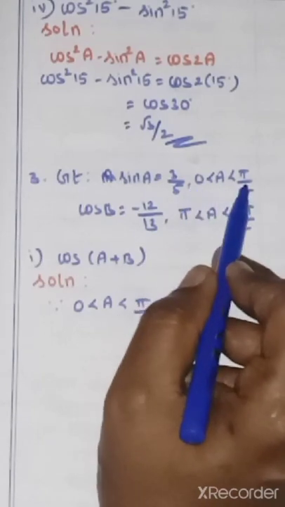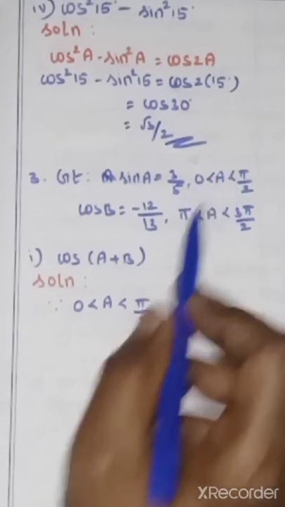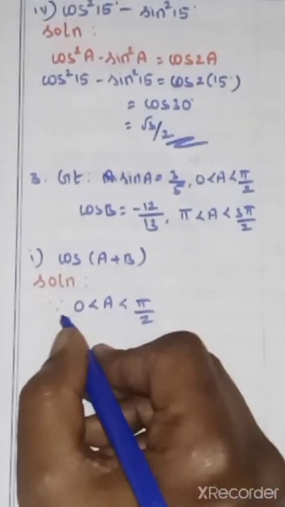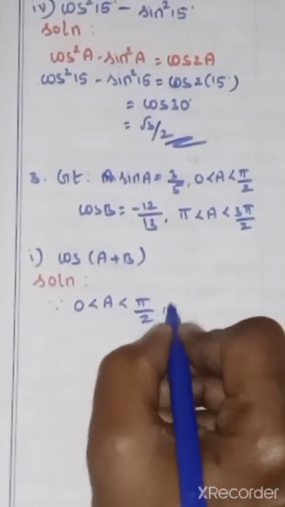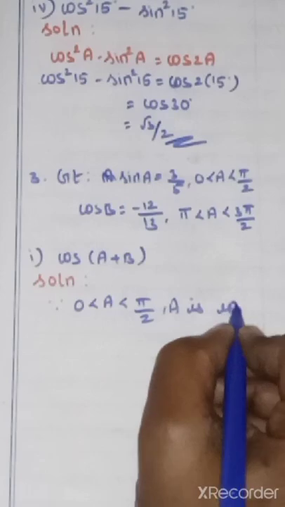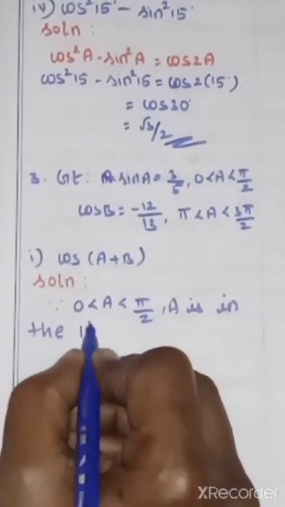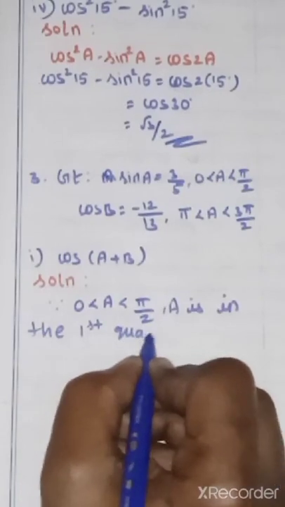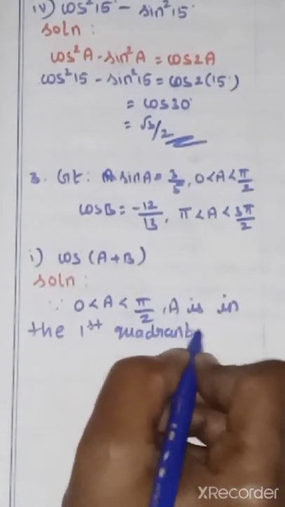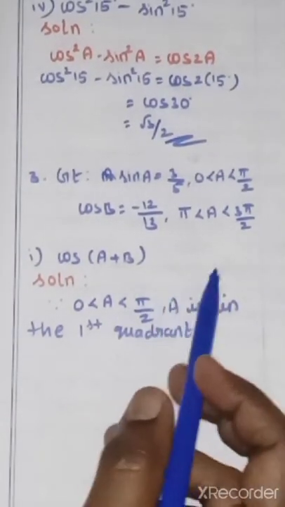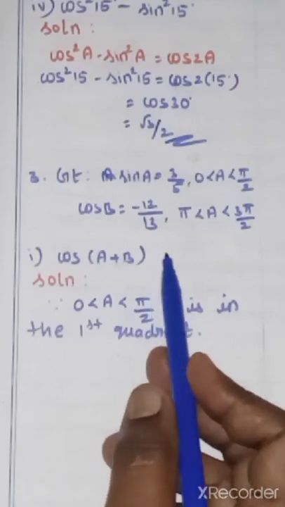So this A lies in the first quadrant, correct? So A is in the first quadrant.